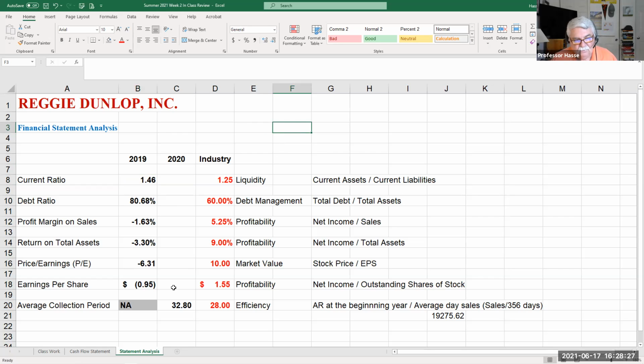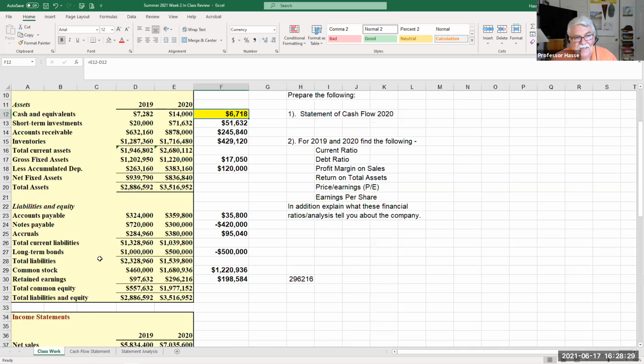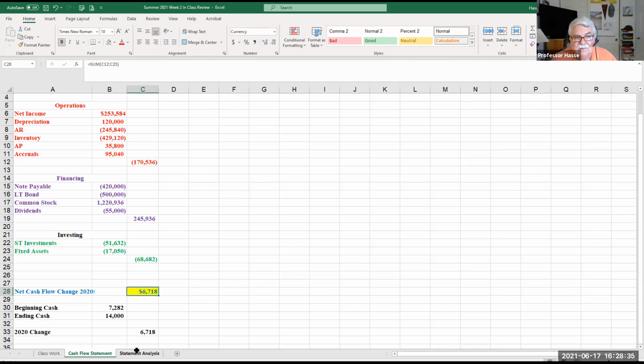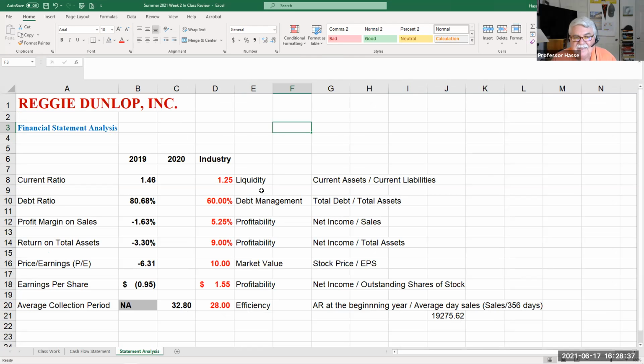So chapters 3 and 4 are not only looking at what the accountants tell us about the operations of the business, but also how the business is being run by these key financial analytical data. These are defined in chapter 4, and they're highlighted on pages 104 and 105 of the text.